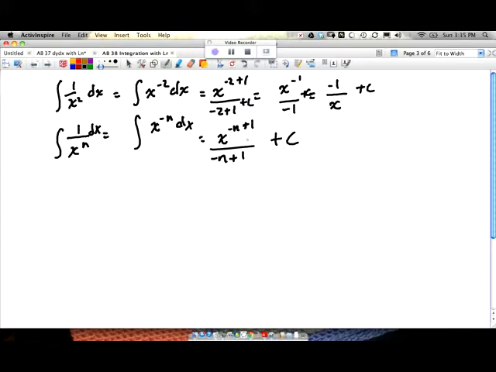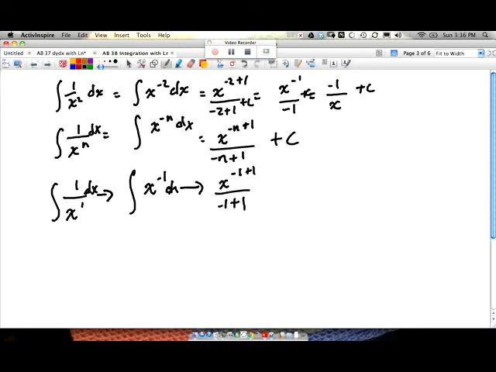But when we have 1 over x to the first, here's the problem. If I were to change this to x to the negative 1, and then follow this same pattern, let's put dx's in there, then I would have x to the negative 1 plus 1 over negative 1 plus 1, which is really x to the 0 over 0. That doesn't work.